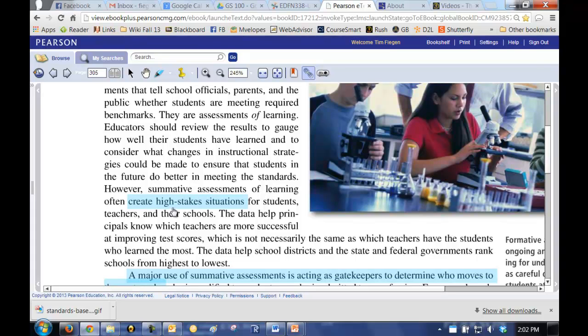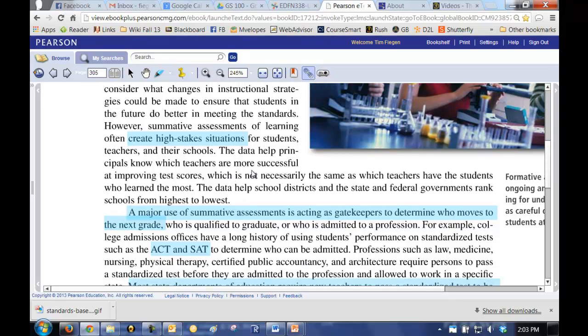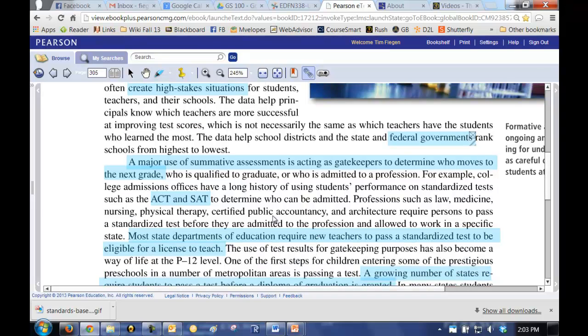However, summative assessments of learning often create high-stakes situations for students, teachers, and their schools. The data could help principals know which teachers are most successful. It would help districts and state and federal governments rank schools. And again, this is where it's a little bit of overreach: here come the feds to monitor your school.